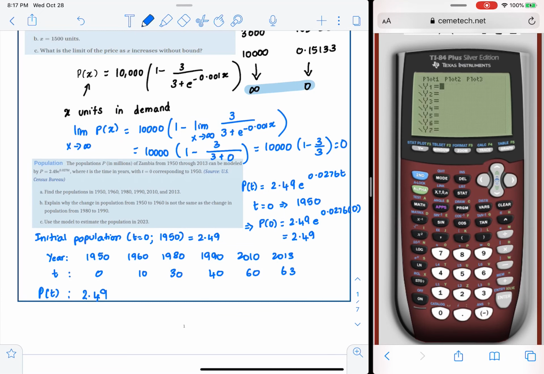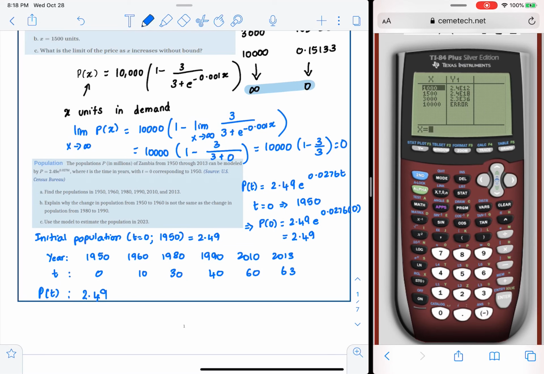So let's go y equals, put in the function, that would be 2.49 exponential 0.0276x, and enter, quit, go to table set, and we have a setting for start value of 0, which is what we have, and the independent variable is t. The calculator is going to ask us for the value of the independent variable, so our settings are just fine. Second mode to quit, second graph to get to a table.